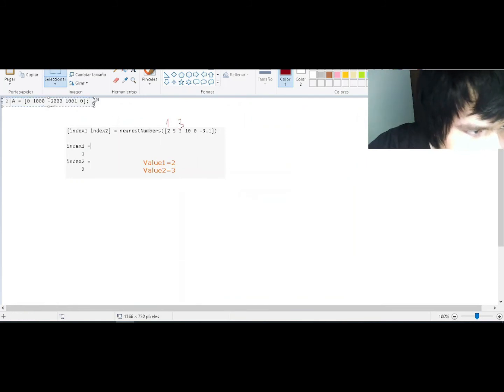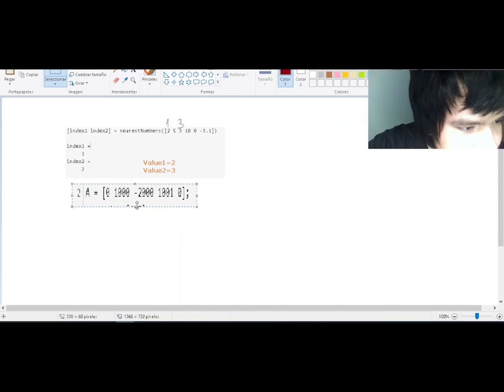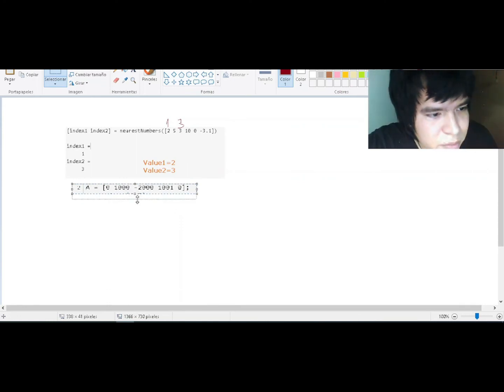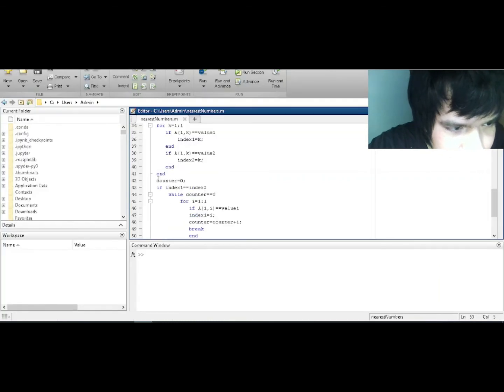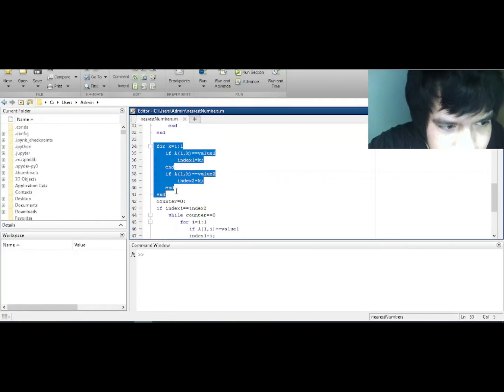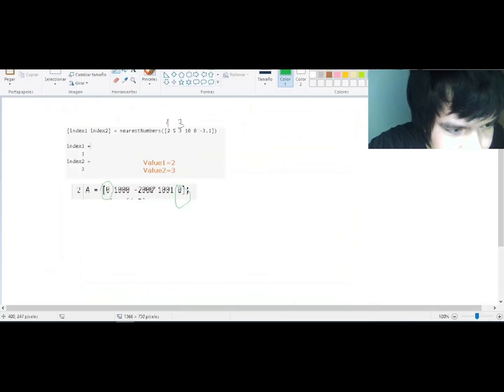So in this case, we have 0 and 0, and in the case that happens, this is going to be our value 1, and this is going to be our value 2. We need to make another call for this, because this one doesn't work. If we make this, then it's going to say that the indexes are going to be 5 and 5.